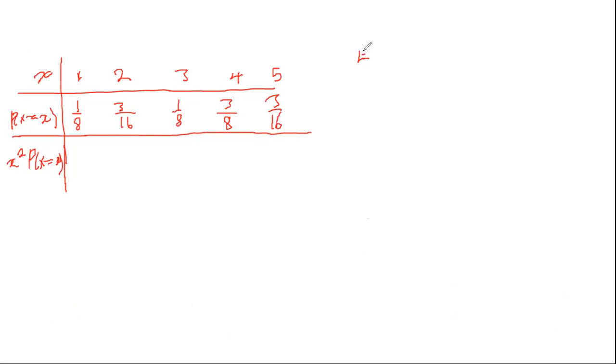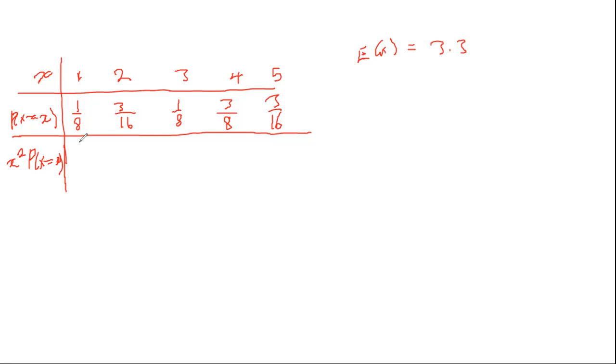We have already seen that our mean is approximately 3.3. So we are now going to get x squared, then multiply by the probability of X equaling small x.